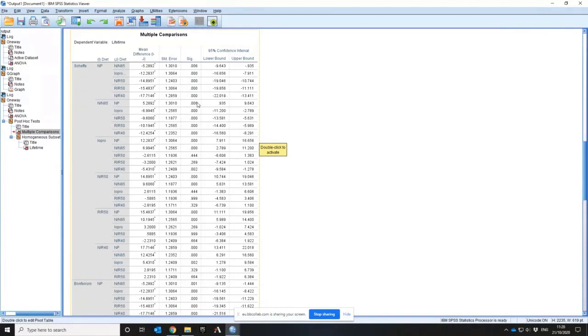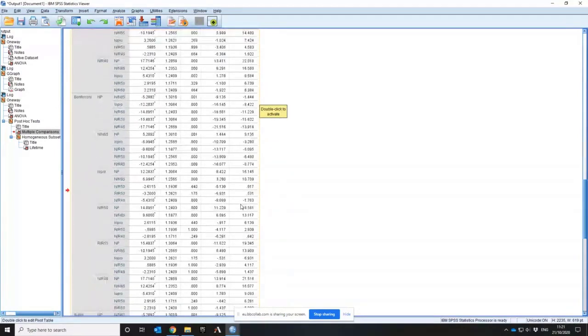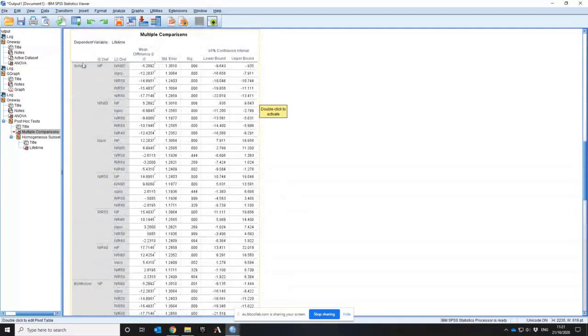N over N5 is different to all of them. The low pro is different to NP and N over N85, but it's not significantly different to the NR50, but it is different to the NR40. So this table gives you all those differences.